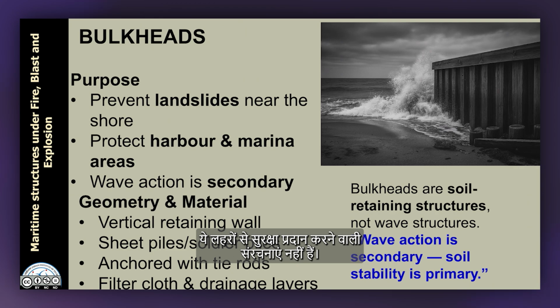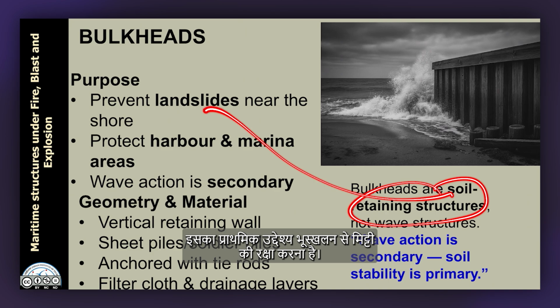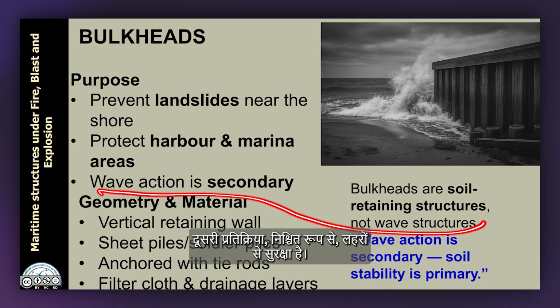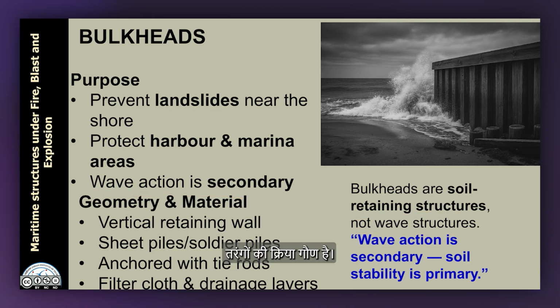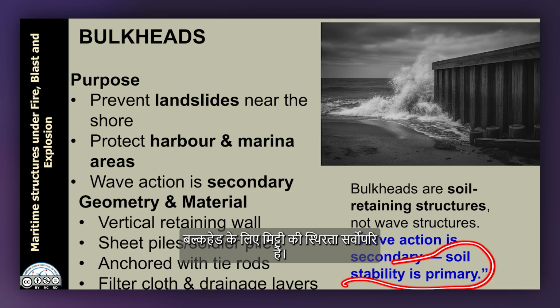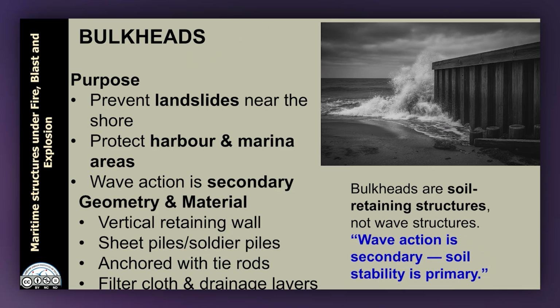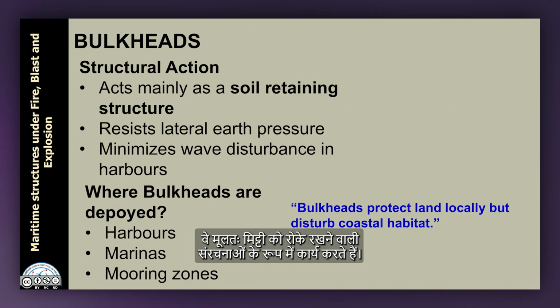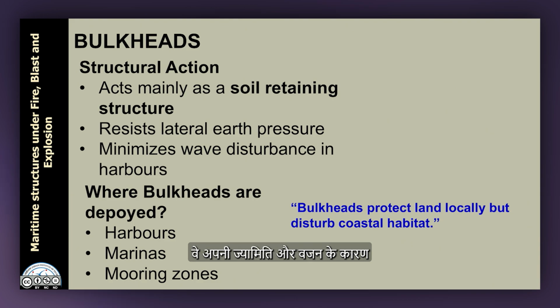They are not wave protection structures. The primary action is to protect the soil from landslides. The secondary action, of course, is protection against waves. Wave action is secondary, soil stability is primary for bulkheads. They essentially act as soil retaining structures. They resist lateral earth pressure by their geometry and virtue of weight.